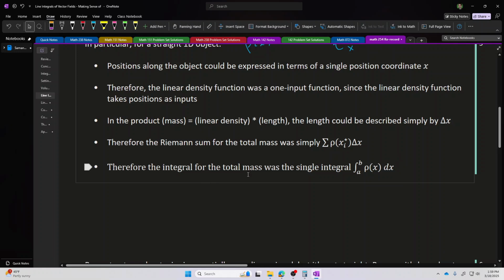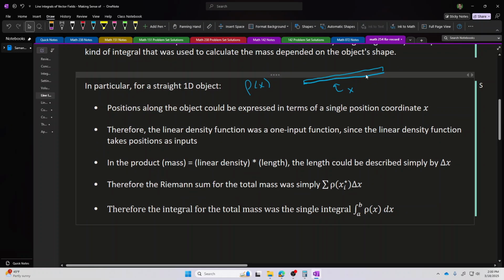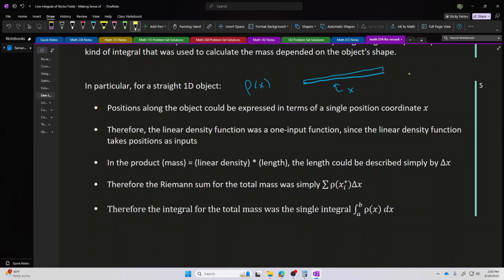And that came from the fact that if you take a small portion of your object that had a length of delta x, then the mass of this little piece of the object was approximately equal to the density as measured at some location within that piece times the length of that piece.